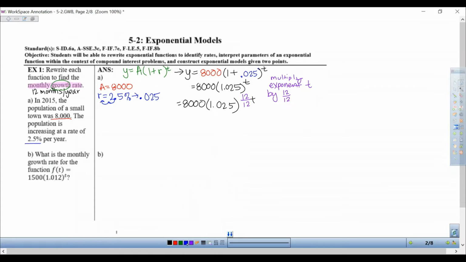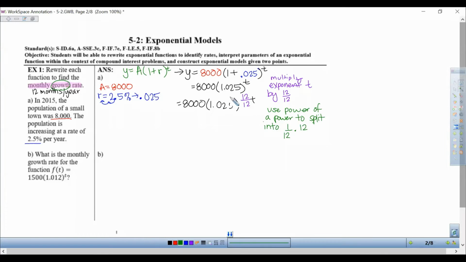So that's the first thing I'm going to do in order to manipulate my equation. So I'm going to use power of a power, which is one of our exponent rules. And I'm going to split it into 1 over 12 times 12.